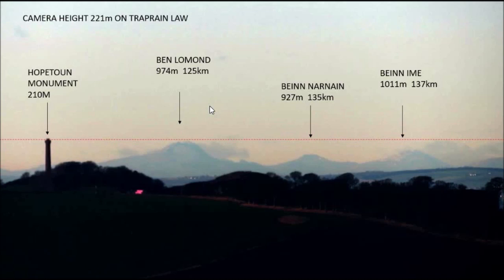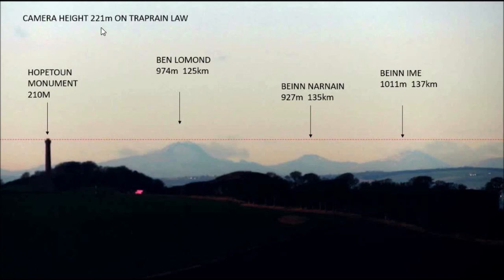Now I'll show you a couple of pictures in a moment that illustrate why this is the case. It's important to note that I could have engineered this, even on a flat Earth, to make these mountains appear below the line if I had had my camera below, probably considerably below 210 metres.